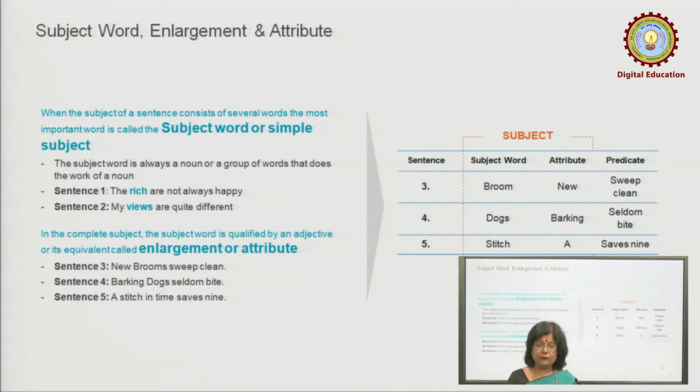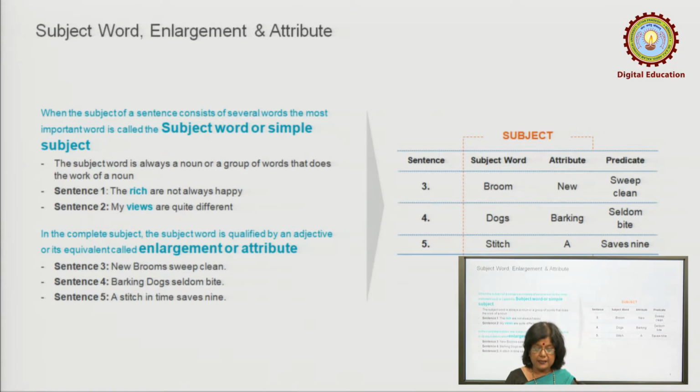Here, which is the most important word? The rich. Sentence 2, my views are quite different. Here the most important word in the section of subject is views. So, definitely, in sentence 1, rich will be called the subject word or simple subject, and in sentence 2, views will be under the category of subject word or simple subject.